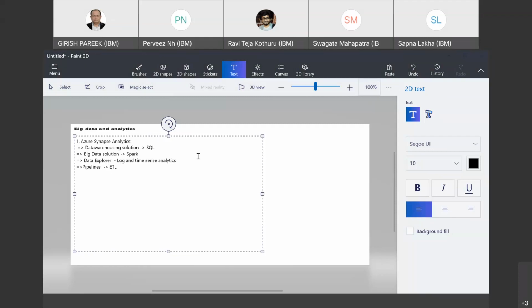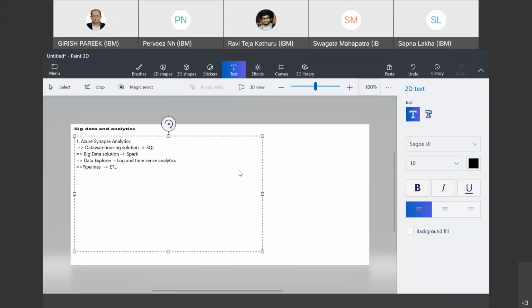Then there is the deep integration with Azure services like Power BI, Cosmos DB, and Azure ML. With the help of this, you will be able to do deep integration with other Azure services such as Power BI, Cosmos DB, and Azure ML.